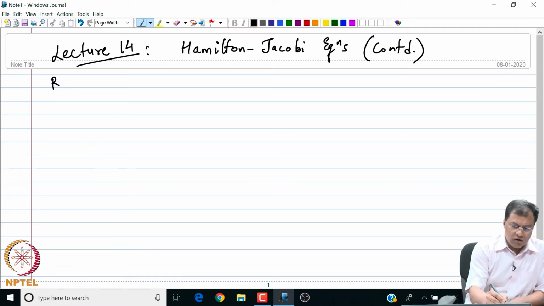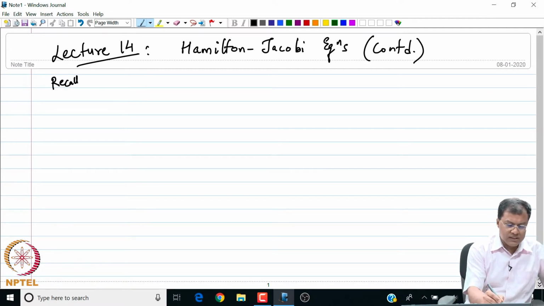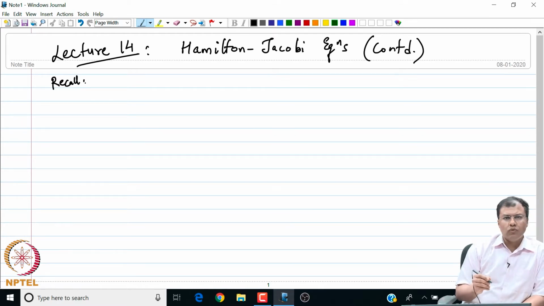So, let us recall what our Hamilton-Jacobi equation is. This is an equation through which we were able to solve for the generating function, which leads us to the symplectic map between one Hamiltonian system and the other.